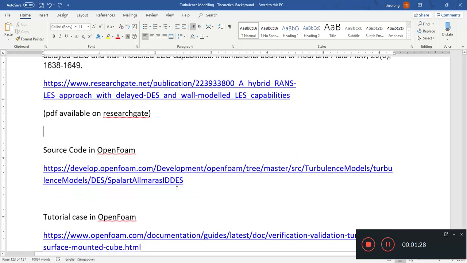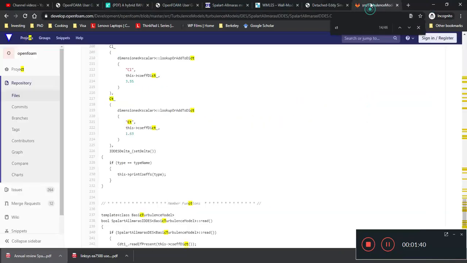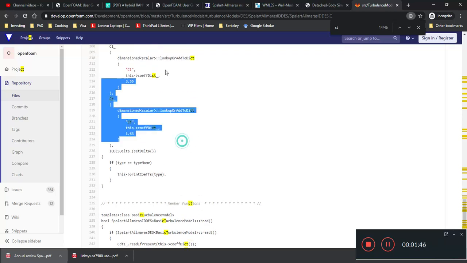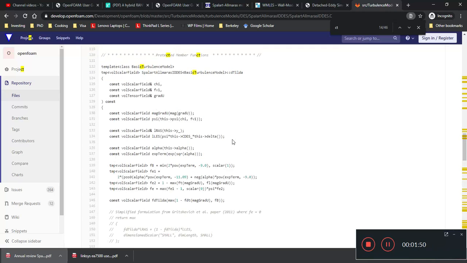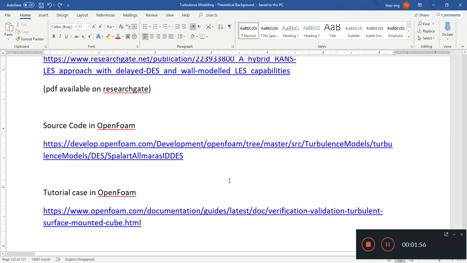This is available on ResearchGate, and of course if you are interested in the source code and want to see how this is applied in OpenFOAM, here is the source code over here. You will see two files, the C file and the H file, and in the C file, if you look at the C++ code, these are some of the values of the constants that they use.